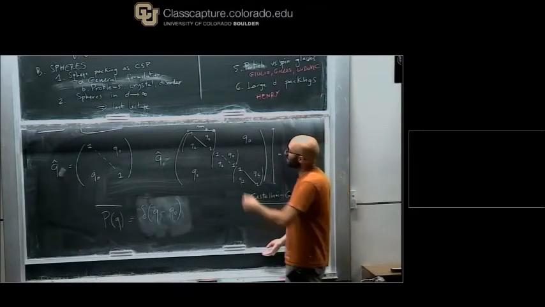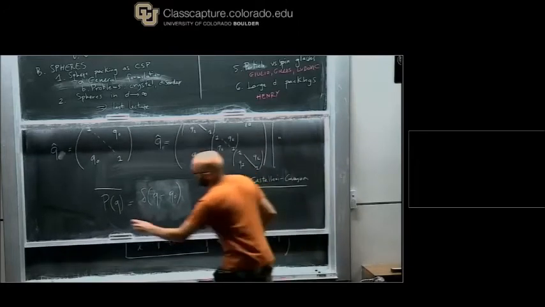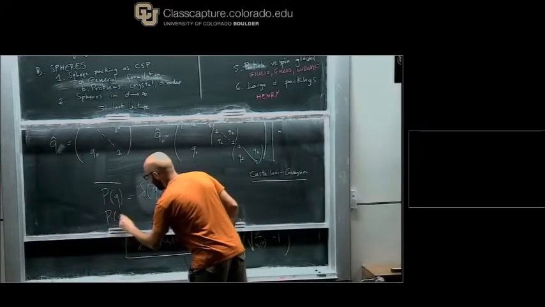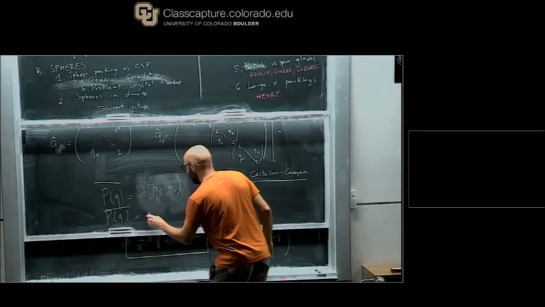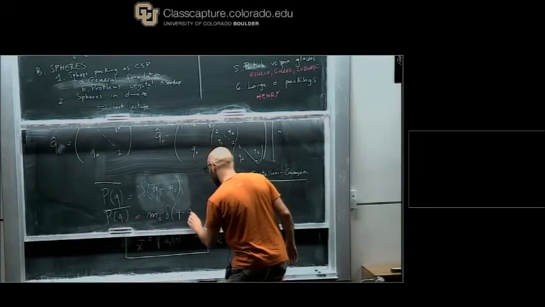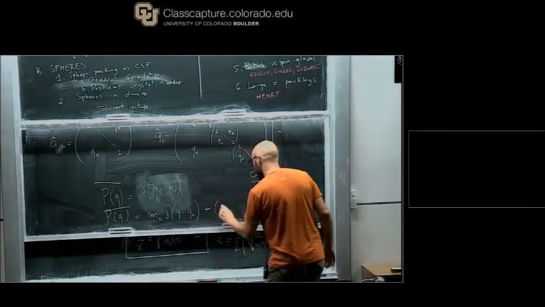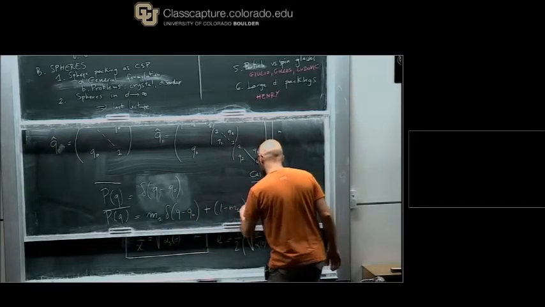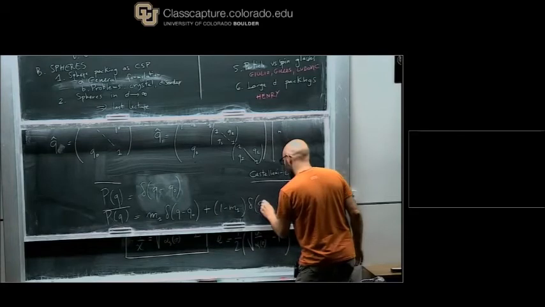While if you take this form, what you get for P of q is m1 times delta of q minus q0, plus 1 minus m1 times delta of q minus q1.